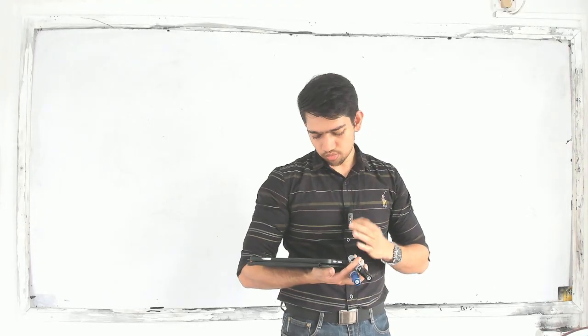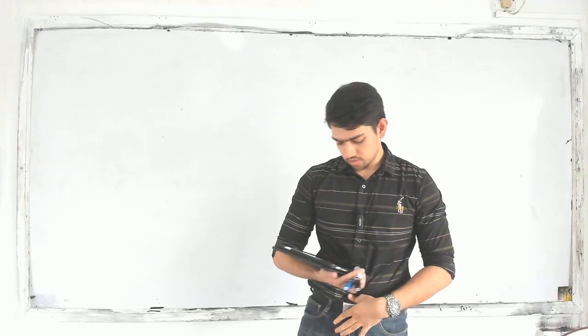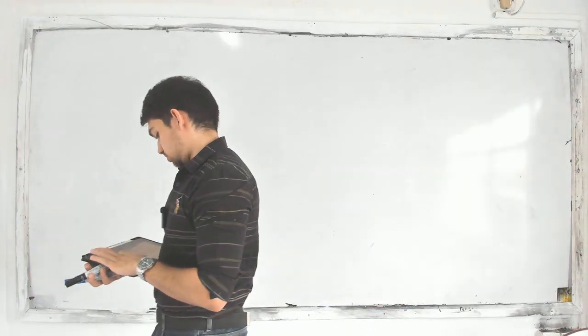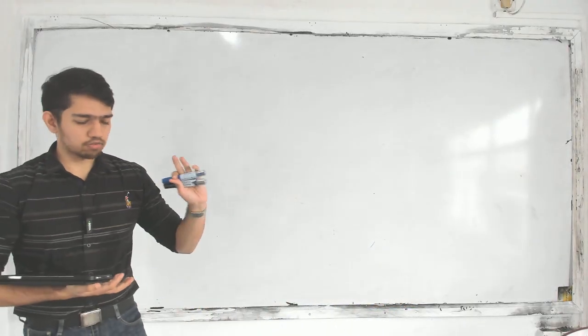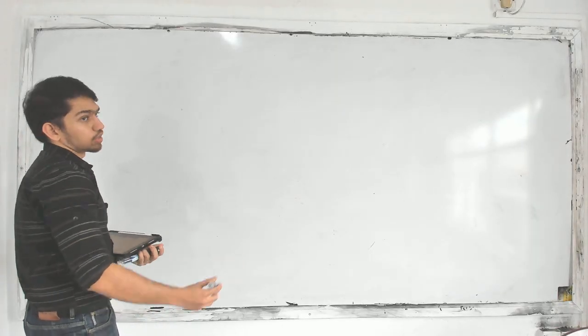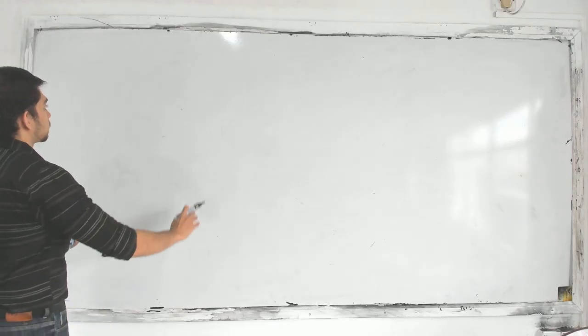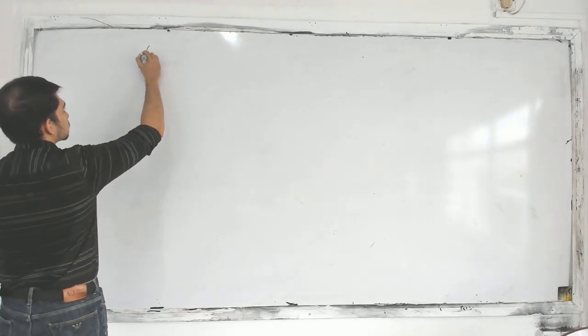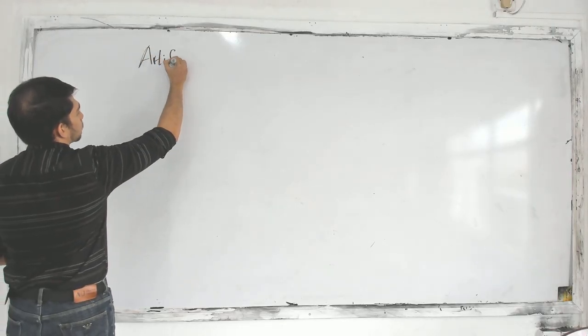Anyway, so we have come to these applications of genetics, breeding techniques. We started with the simplest one, artificial selection. I'll quickly summarize what artificial selection is. That is the oldest form.